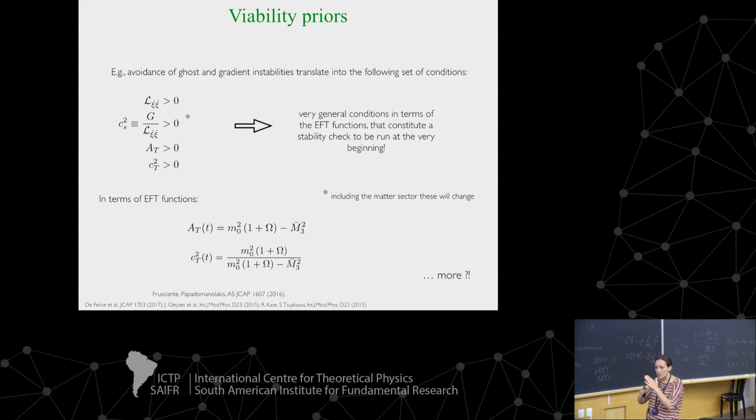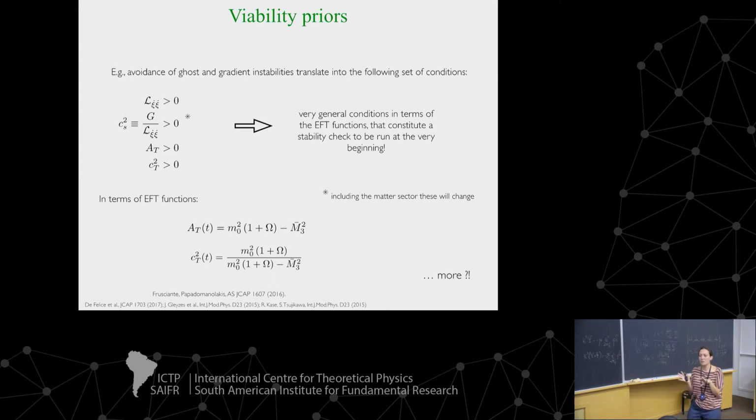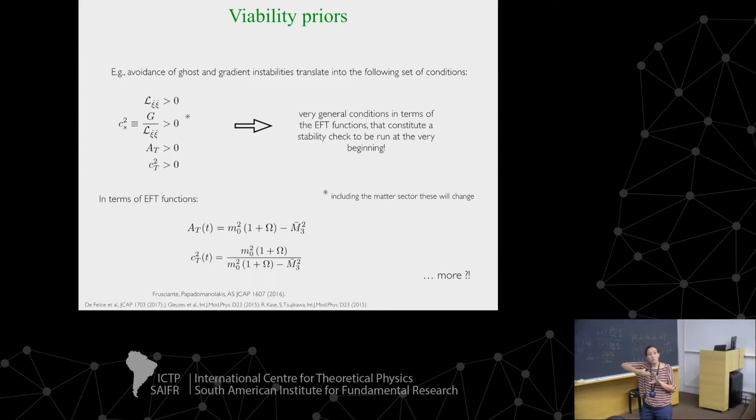You will look at a kinetic matrix and a gradient matrix. And in doing the proper diagonalization, the result is that the speed of sound of what you would like to associate with the scalar degree of freedom will have some contribution from matter fields. So it's all entangled. It's a very complicated exercise.